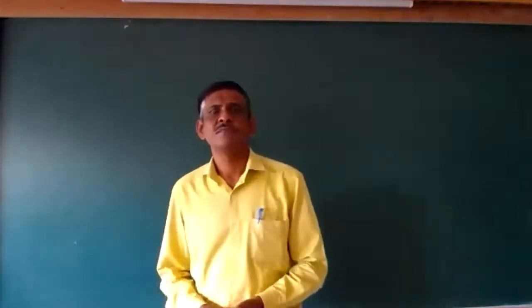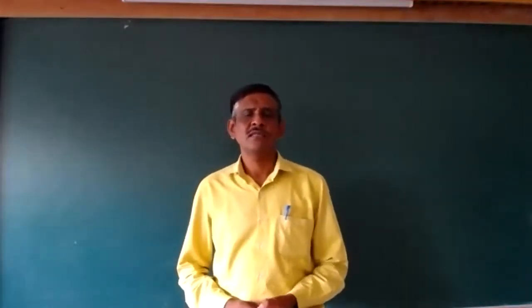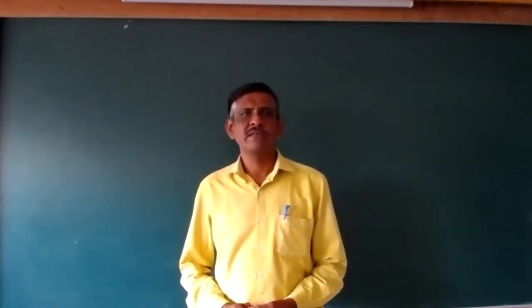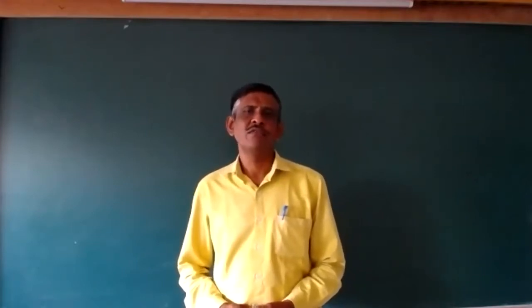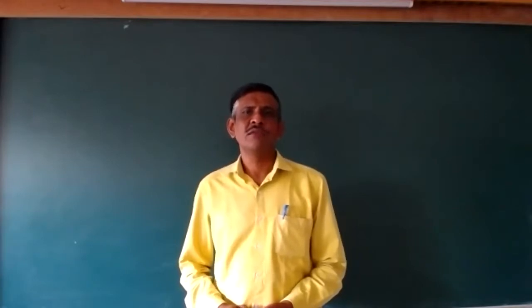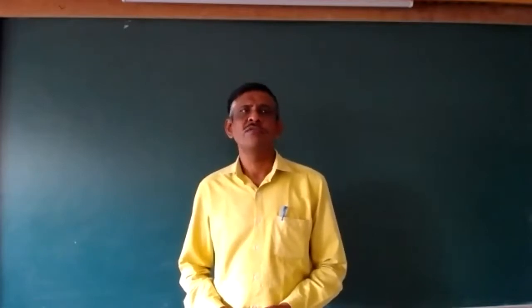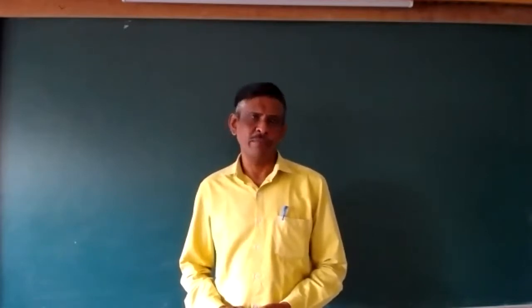So in today's class, we'll discuss one of the important questions from the exam point of view, that is a 5 marks question from chapter number 2, that is Karnaugh's map. In short, we call that K-map.